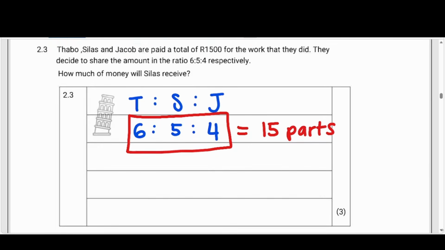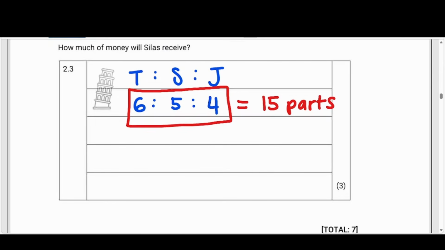So what we want to do is work out 1,500 rand divided by 15 parts. Okay, so 1,500 divided by 15. We can see that 15 times 100 gives us 1,500. So that is going to be 100.